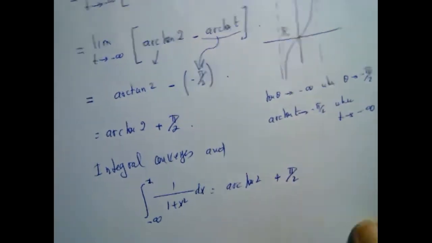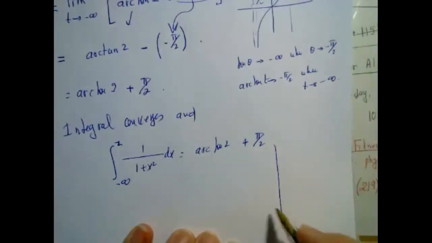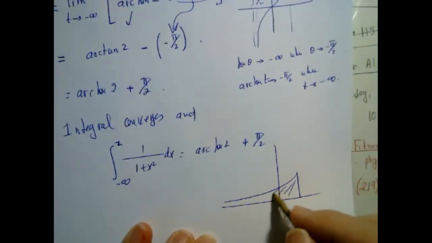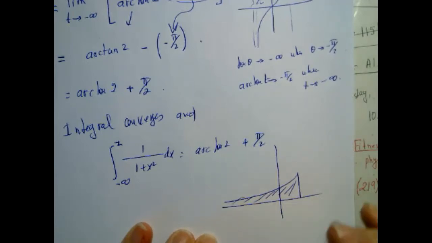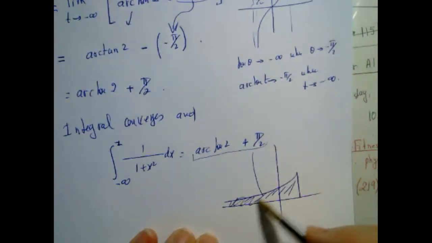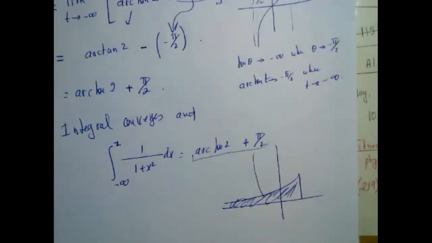It means basically this infinite region, its area, is very counterintuitive. You say, you're going to infinity, the area has to be infinity, and then it's no, this area here is actually equal to arctangent 2 plus pi over 2, even if you keep going forever in the negative direction.